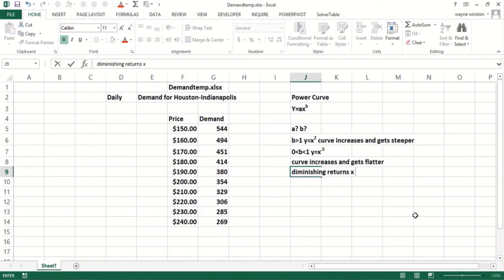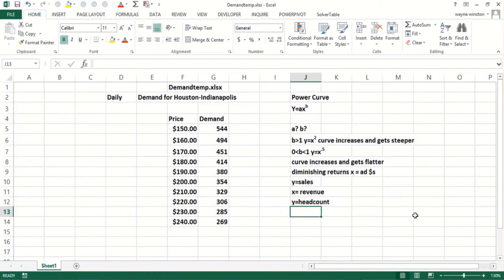X is advertising expense and Y is sales. When you double your advertising expense, you're not going to double your sales. Or X could be revenue and Y would be headcount for most companies. When you double the revenue, you don't double the headcount. Okay, and that's very common.